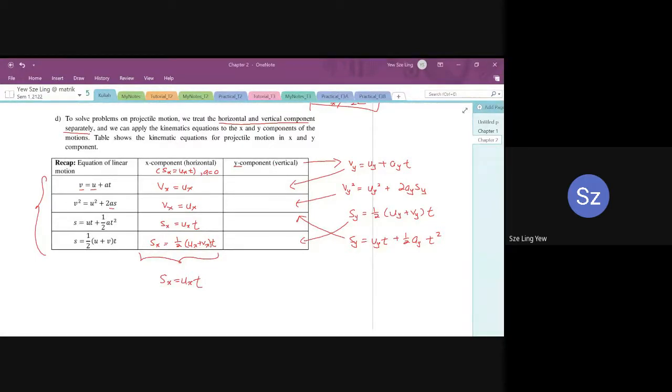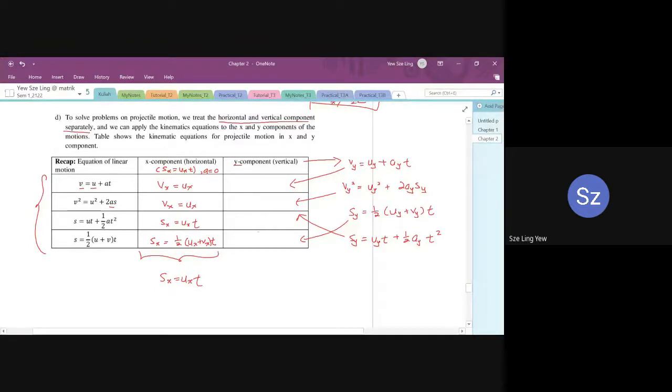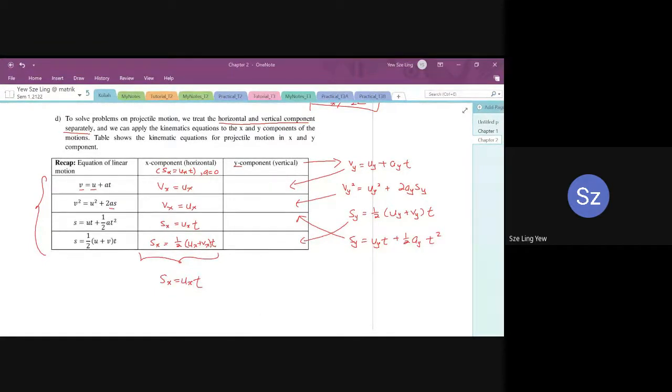I will tell you the reasons why I don't want you to follow the equations in the last page.